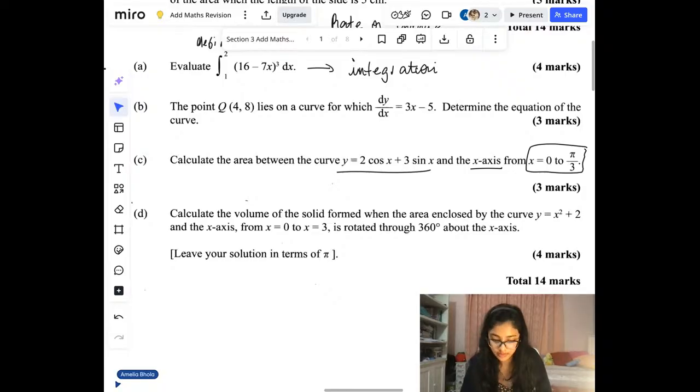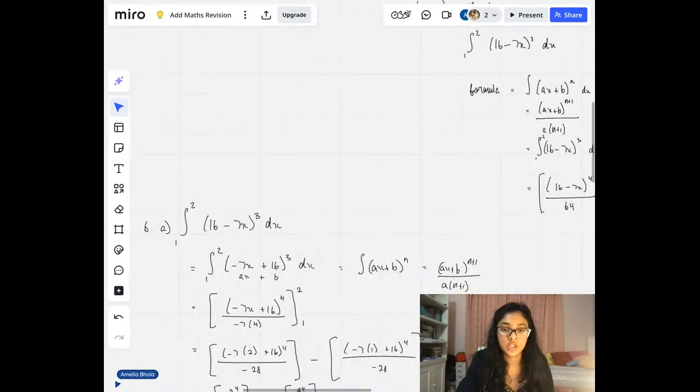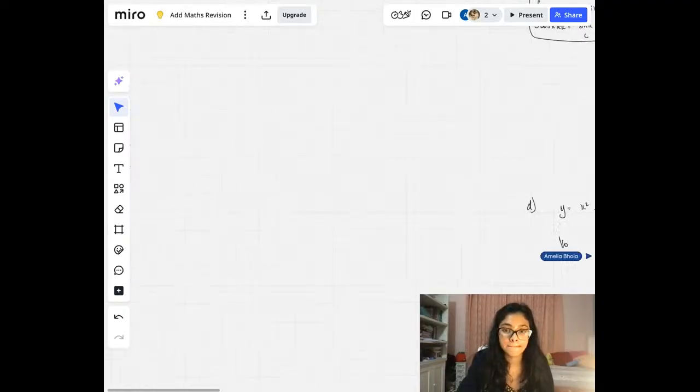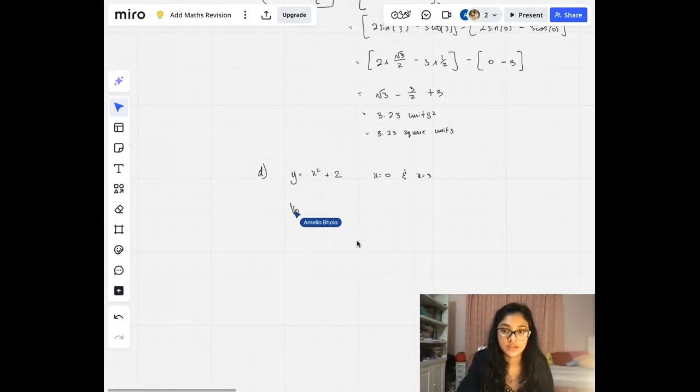And it's rotated. So the formula for the volume of solid of revolution, integrated first of all, of course. I'm just gonna write down my formula.